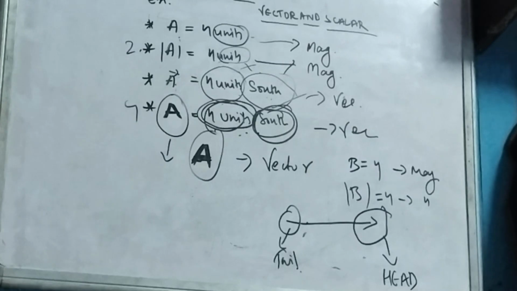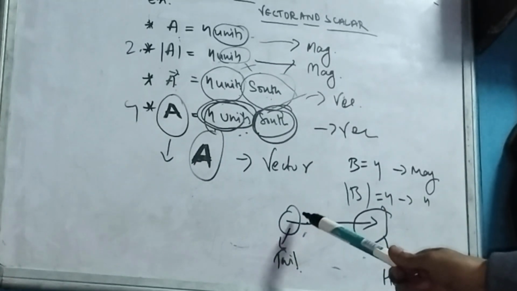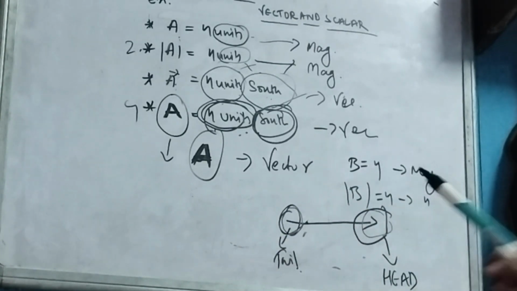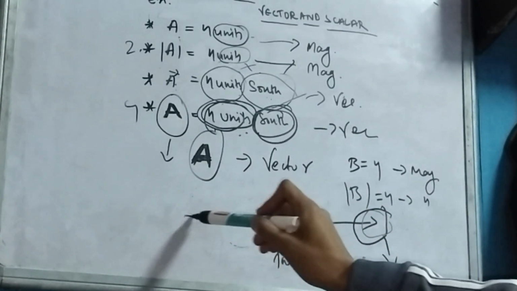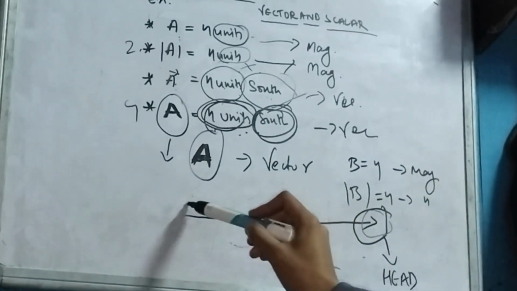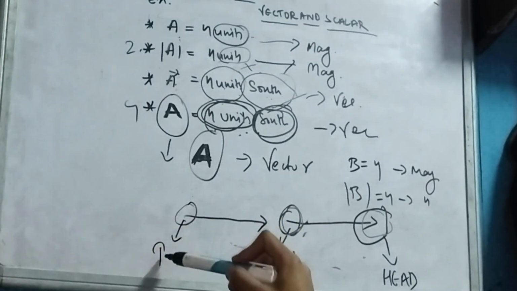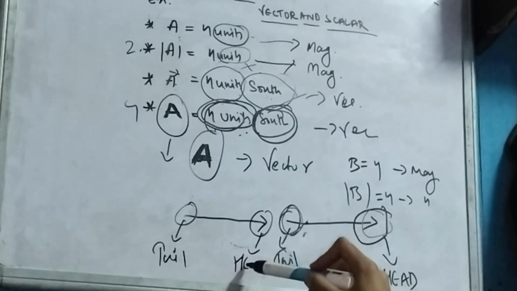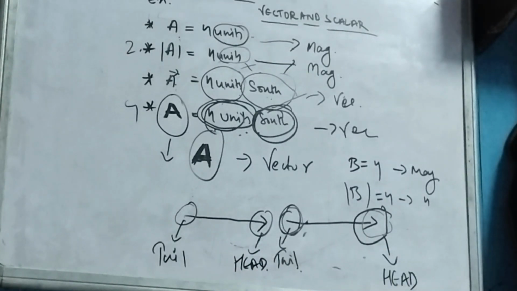I will explain again. I'm so sorry for that. This arrow is a vector, okay? So this is the tail of a vector, and this is the head of a vector. Got it?